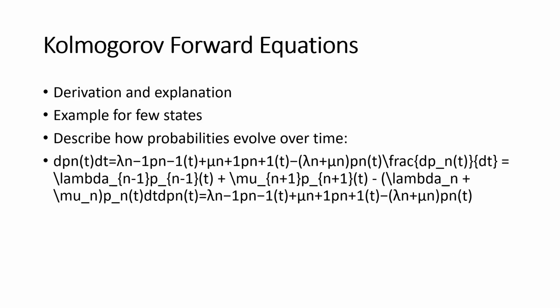Kolmogorov forward equation. Derivation and explanation of the Kolmogorov forward equation. It describes how probabilities evolve over time, where t represents time.